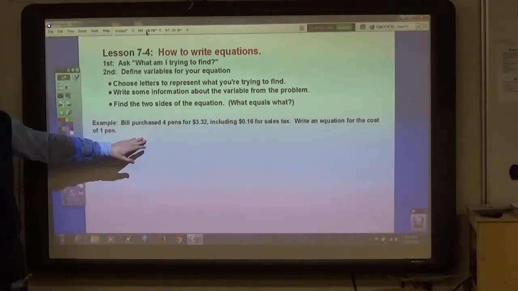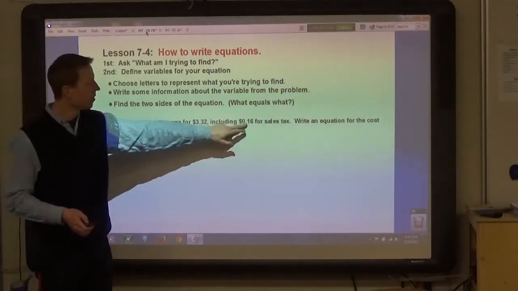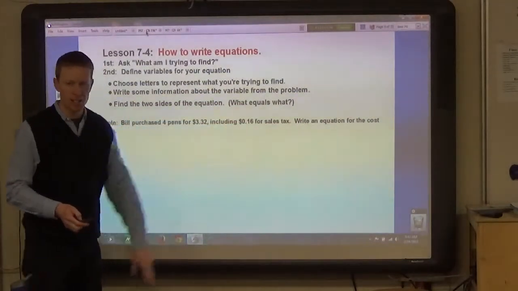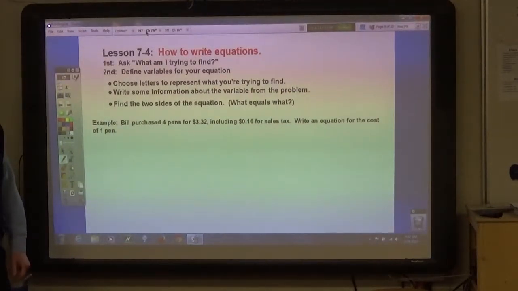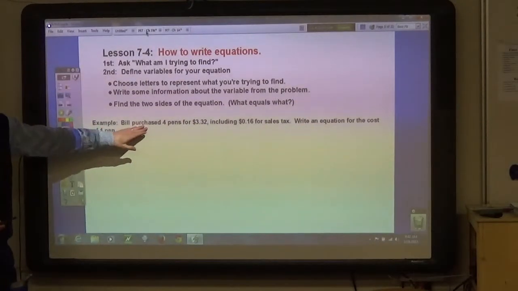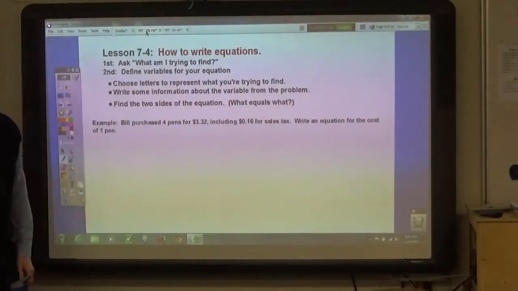Look at this example. Bill purchased 4 pens for $3.32, including 16 cents for sales tax. Write an equation for the cost of 1 pen. So, we're given the cost of 4 pens, which includes 16 cents for sales tax.